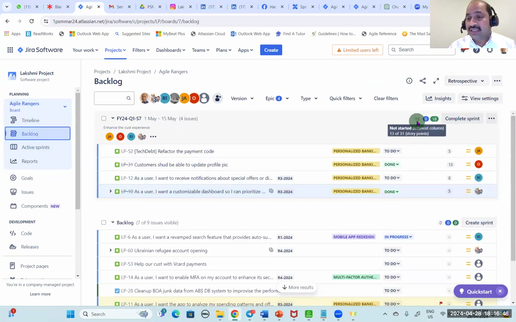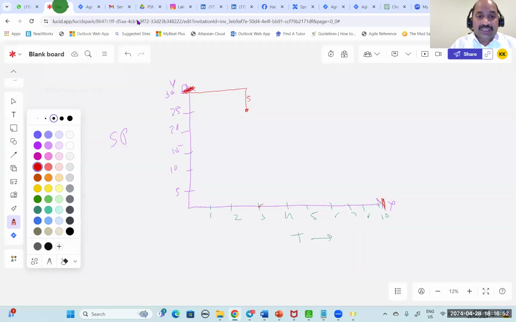On day six, the team has 13 and 18 points done. So till day six, the team continued their hard work, and then they completed 13 points. Whenever the team moves the work to done, you will see a drop in the burn down chart.